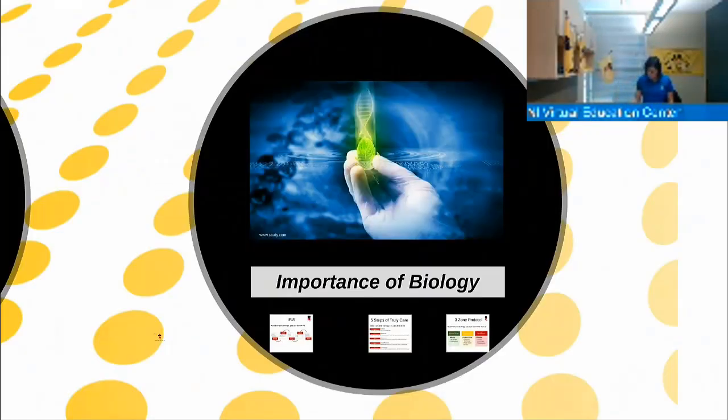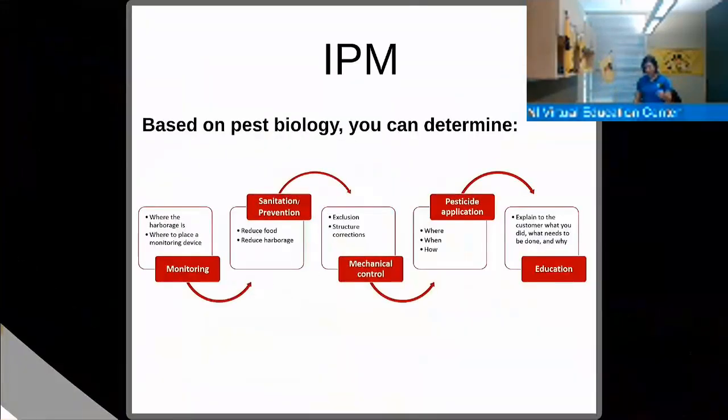So today we saw the importance of biology. Biology is important for IPM because based on biology you can determine how to monitor. So where I'm going to place the glue boards, the adhesive boards to do the monitoring for crawling insects. Where do I put them? Anywhere?